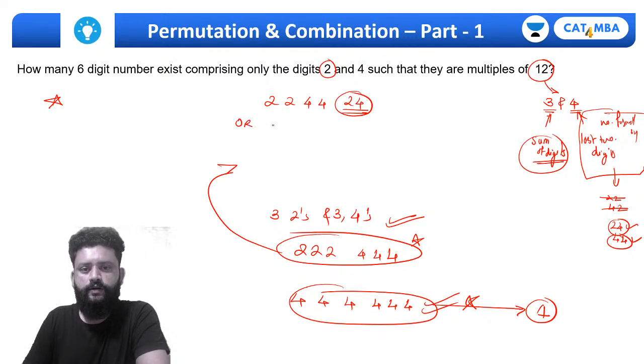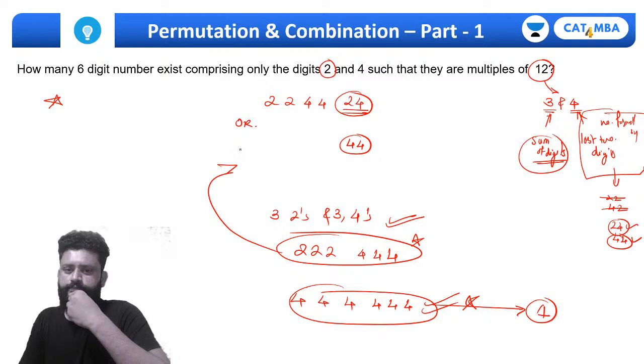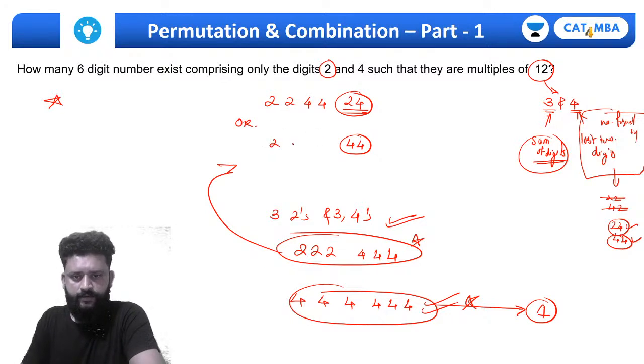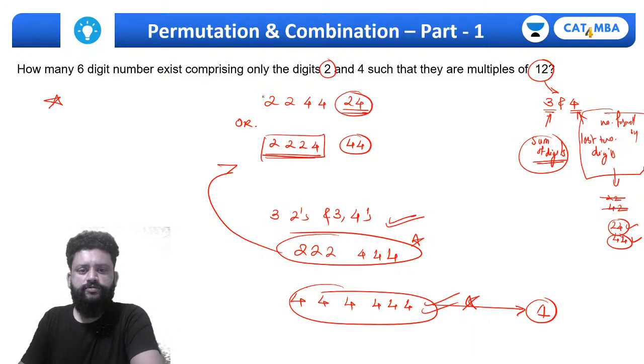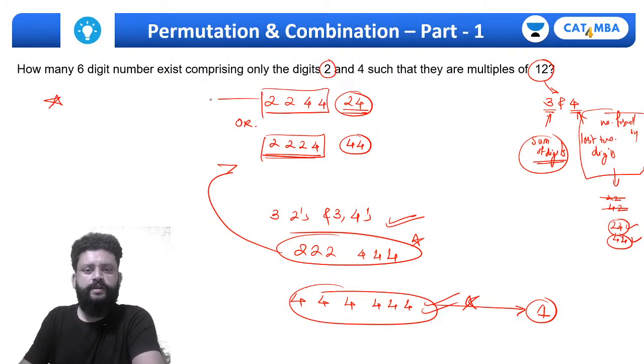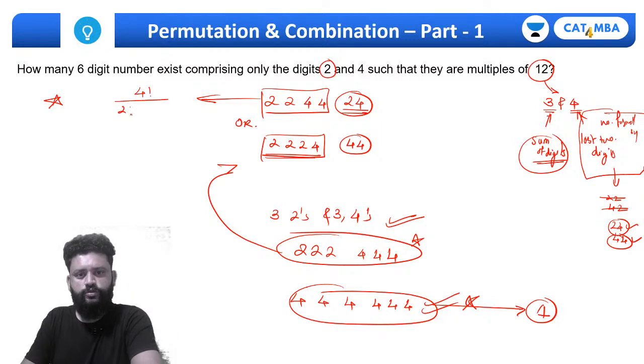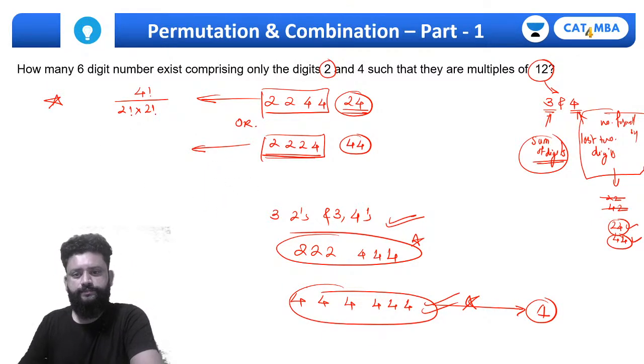Or we can have 44 at the end, and the starting digits are 2, 2 and 4. We can arrange these 3, this 4 and this 4. So how many arrangements will we be getting here? It will be 4 factorial divided by 2 factorial into 2 factorial, and here I'll be getting, this is the final answer.